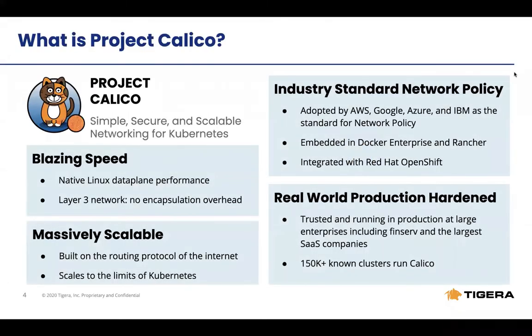So what is Project Calico, or known as Calico? That's an open source implementation of a container network interface for Kubernetes. It's known for its great speed, massive scalability, support of standard network policies, as well as some advanced network policies that Calico offers, and real worldwide adoption of the product.